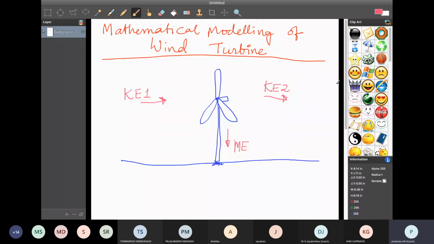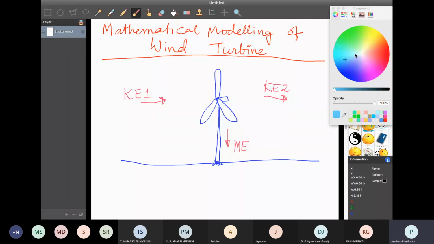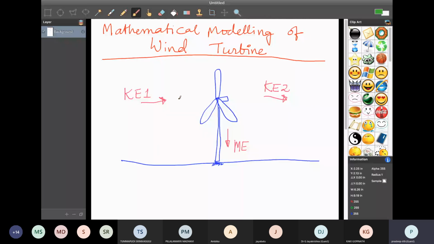So let's say the wind velocity here is v1, and here the wind velocity is v2.